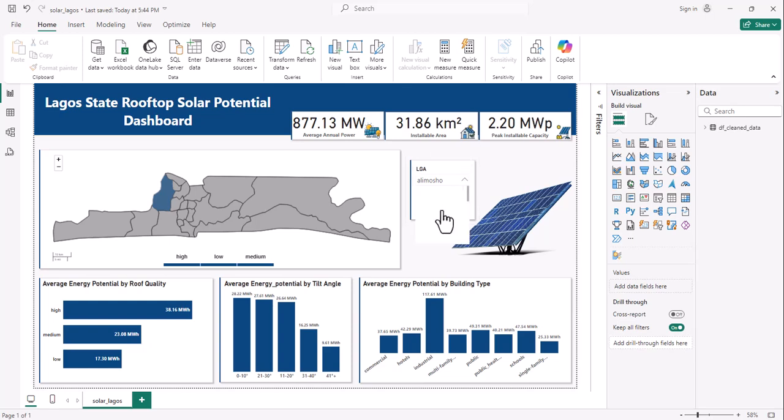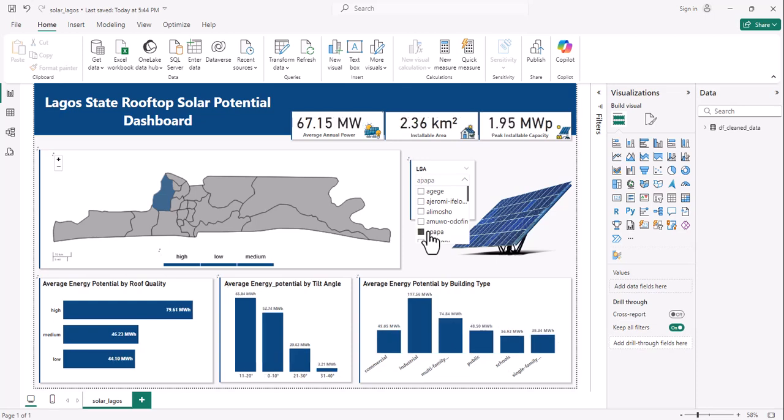Likewise, we can also take a look at other places in Lagos State, like Apapa, Agege, and the likes.